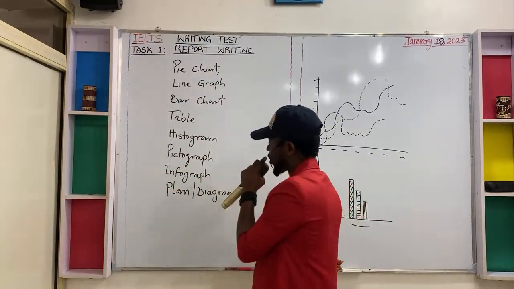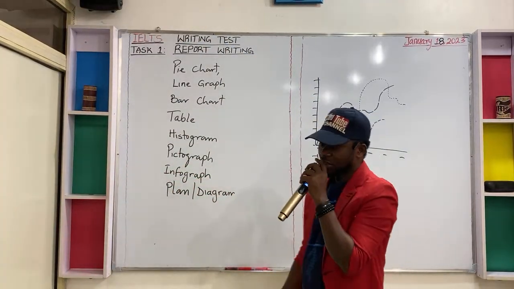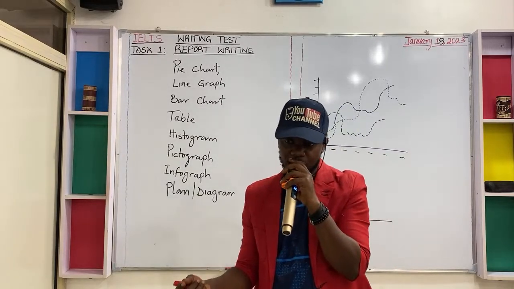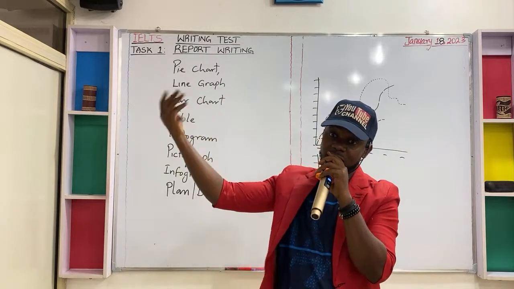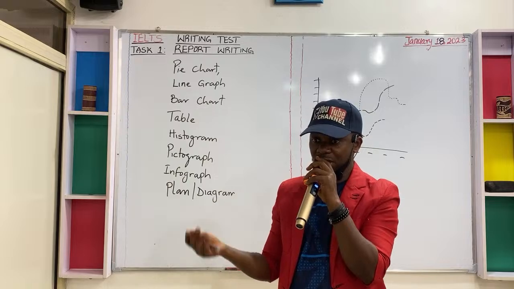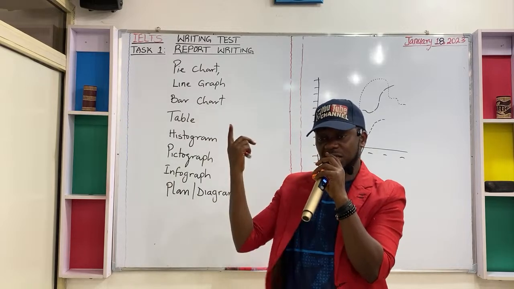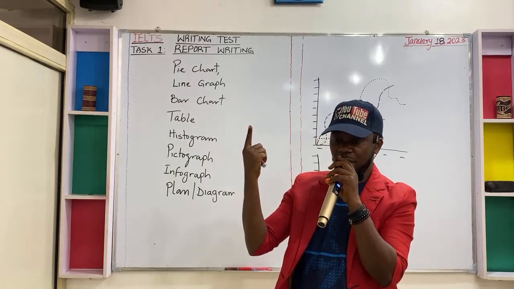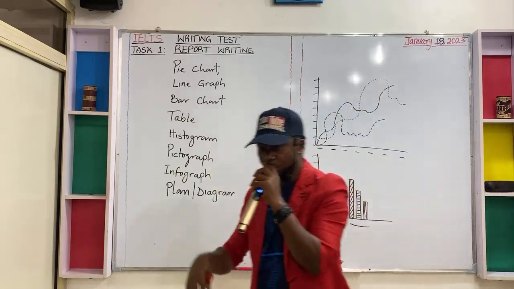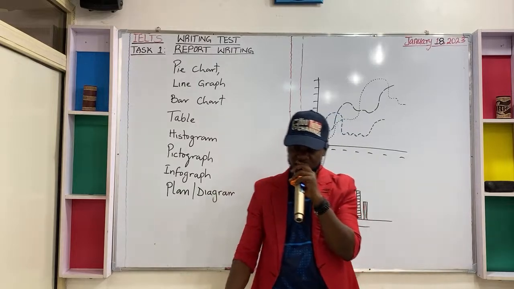Then plans or diagrams, you might see an architectural design of a particular building or facility. It may not have been completed, or it may be the first design of that particular facility. Then it will give you a current or present day's design of that same facility.